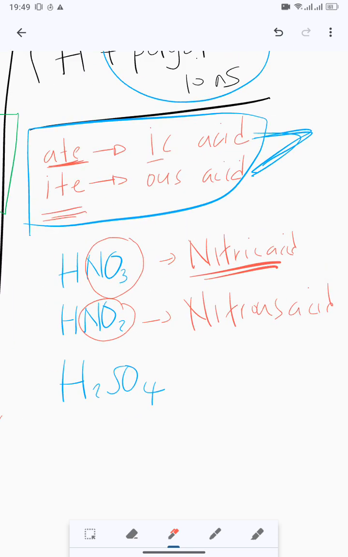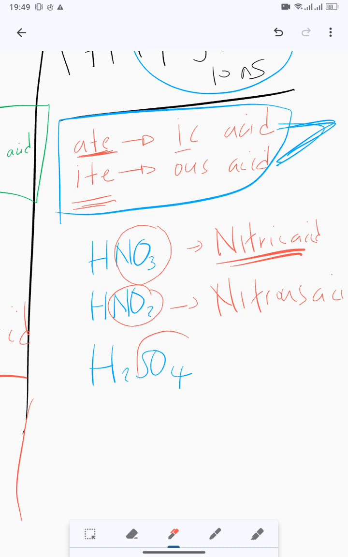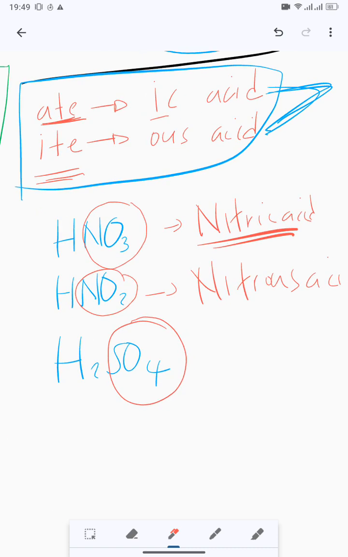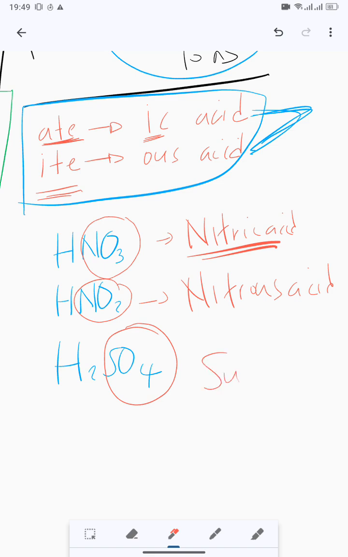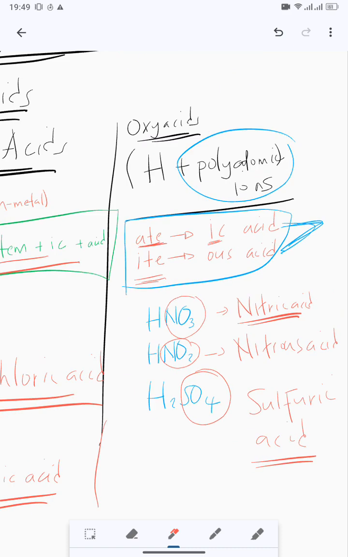And then lastly, I can see that this is a sulfate. If it's a sulfate, I know it's an ic acid, so this will be sulfuric acid. This one is very common, sulfuric acid. So once again, I repeat, naming can be easy. You just have to know what you are naming.